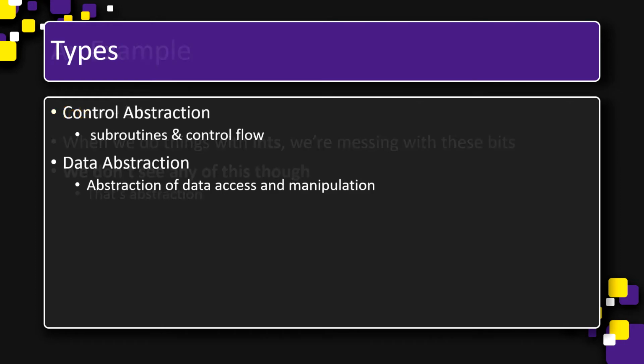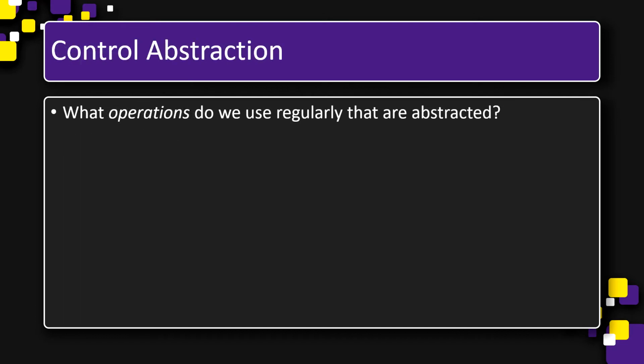So there's two types of abstraction. The first is control abstraction, which is about subroutines and control flow, and data abstraction, which is abstraction of the access to that data and manipulation of that data. So with control abstraction, what operations do we regularly use that are abstracted?